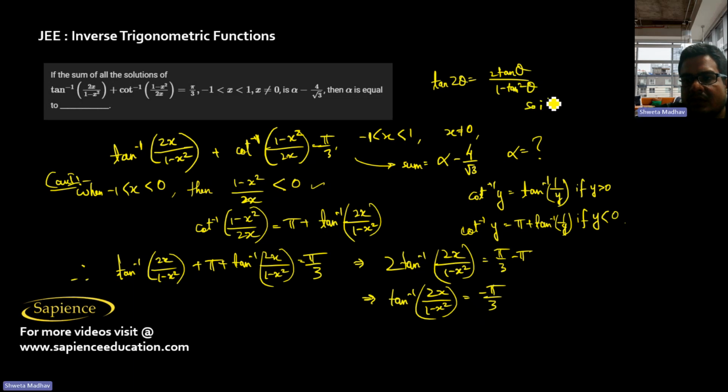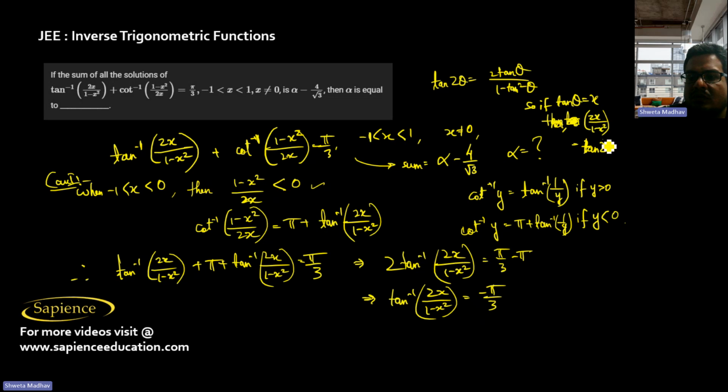So if I take tan theta as x, then 2x by 1 minus x square you can write as tan 2 theta, and theta is tan inverse x.